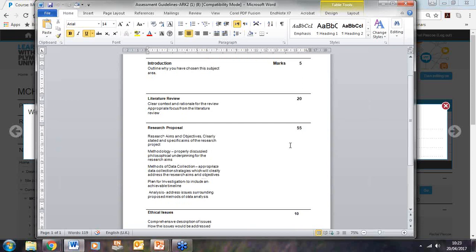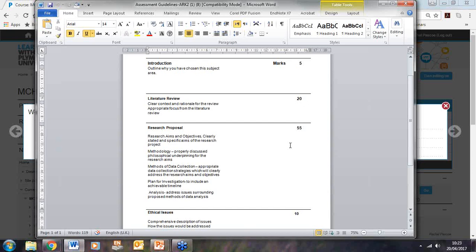It is fundamentally important that these are well put together. It is essential, starting a piece of research, that this bit is clear and focused, because it's really what I'm marking the assignment against.